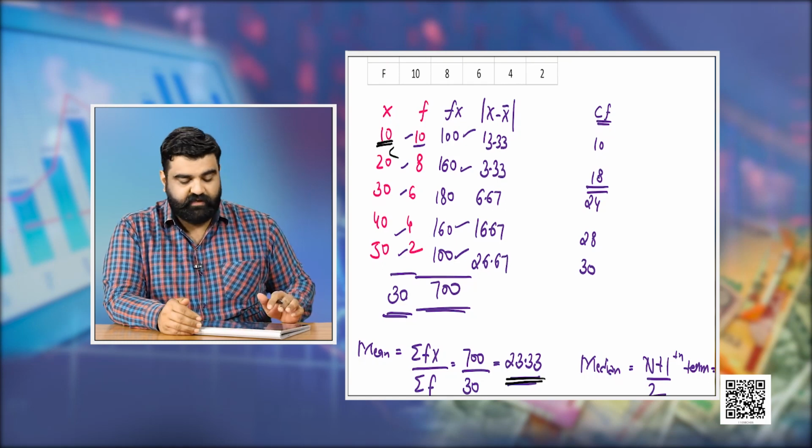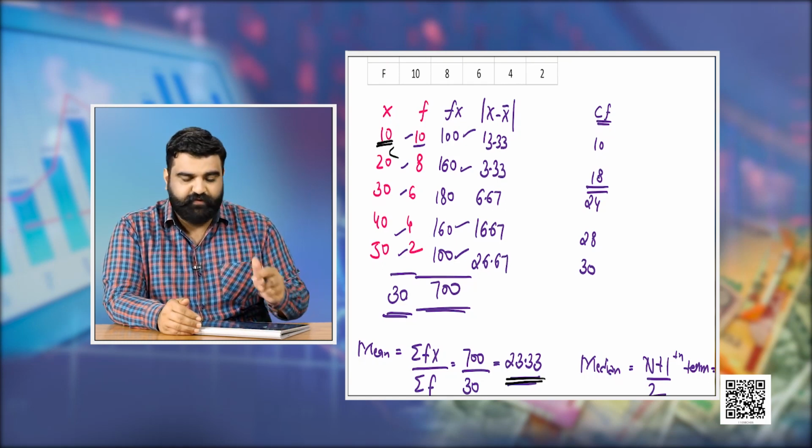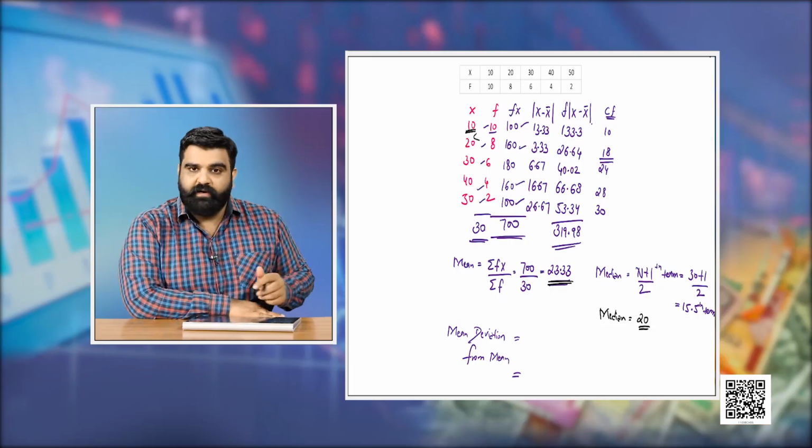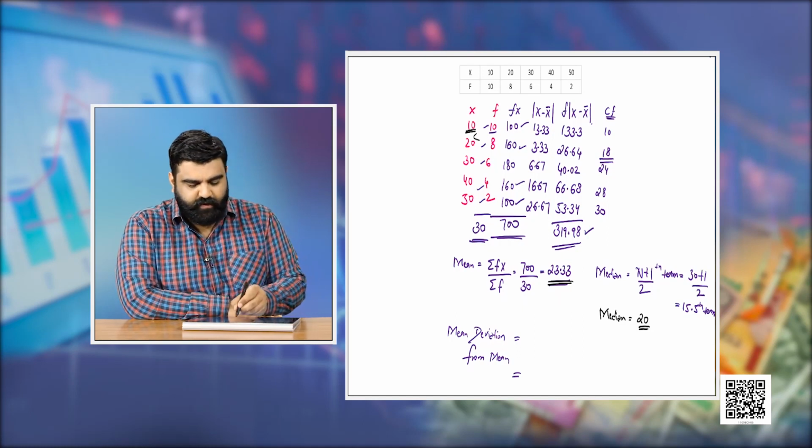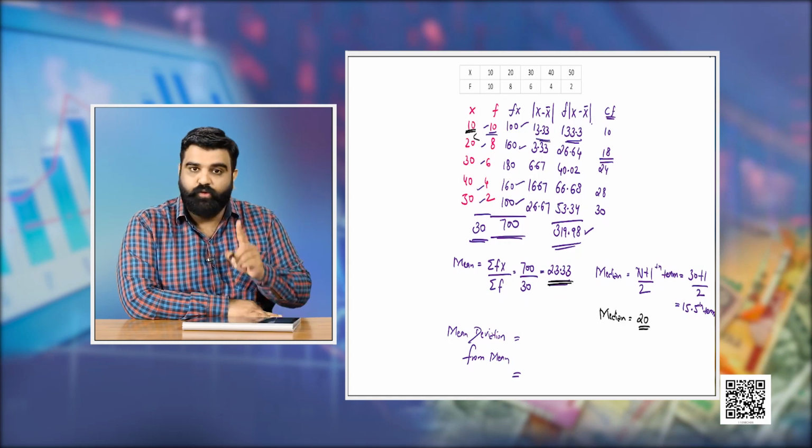Now, we have to multiply these deviations with the frequency. To make things simpler for you, I have already calculated the values of f multiplied by the deviations from mean. I have already got a total of 319.98. How did I get that? I got 133.3 from 13.33 into 10.